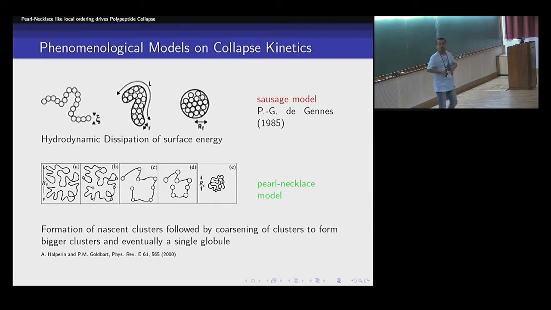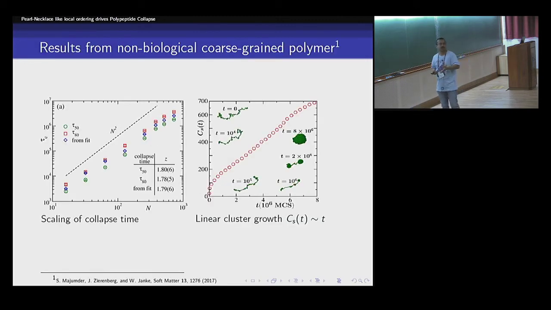Okay, so before we took up the study of polypeptides or biological polymers, in our previous works we explored the same for a coarse-grained homopolymer model, where the polymer is basically a non-biological polymer with all the detailed information missing.